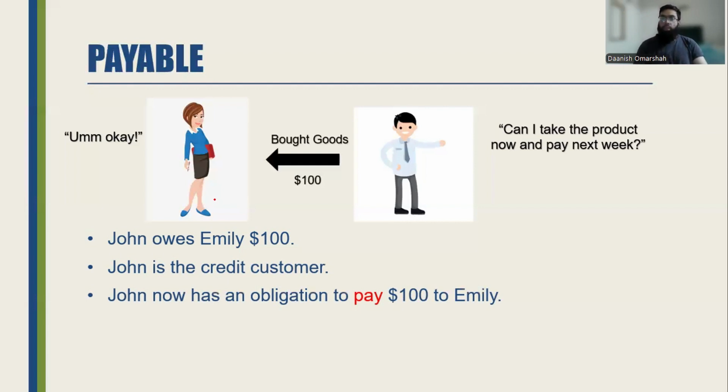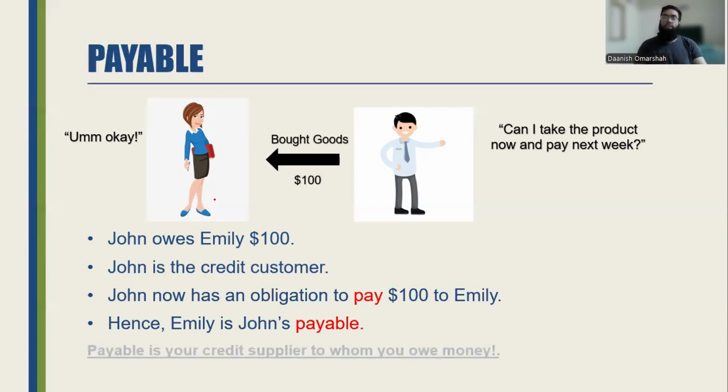All right? Obligation to pay. The word pay comes from payable. In other words, Emily is John's payable. So Emily is the liability of John. He has a debt of $100. All right. So this is what payable is. Payable is your credit supplier to whom you owe money.